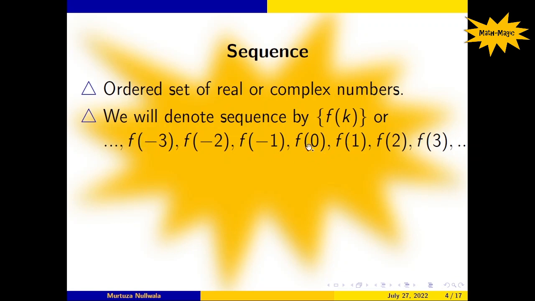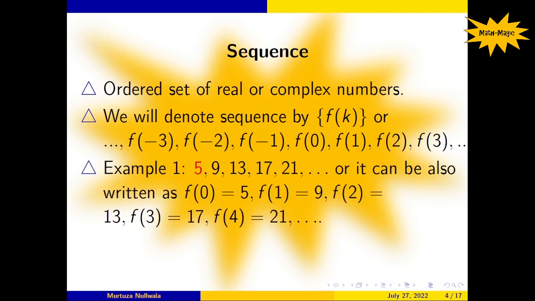We have an element f of 0. Once we know the number at the 0th position, we know the position of every other number. For example, take the sequence 5, 9, 13, 17, 21 and so on. Here 5 is highlighted in red, so that element is f of 0.